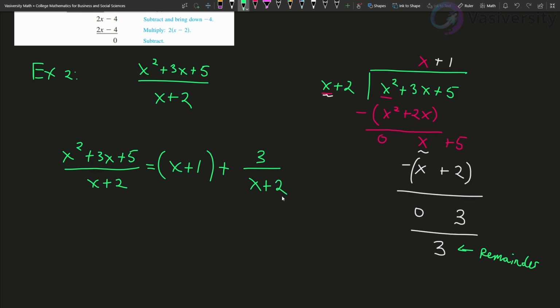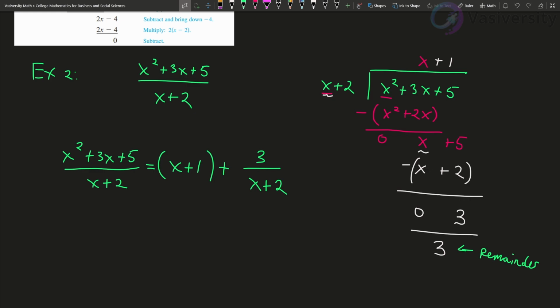Okay, so we were able to divide that fraction, but it's not divisible without a remainder, so we are left over with the remainder, which is 3 over x plus 2.